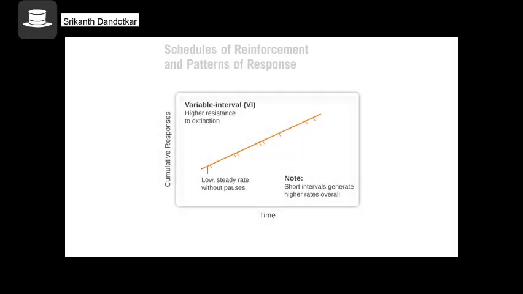A variable interval schedule entails giving the reinforcer for the first response after a variable time interval has elapsed. In this kind of scheduling, you can see that there is a low steady rate, unlike the fixed ones. However, there are no pauses in variable interval scheduling.